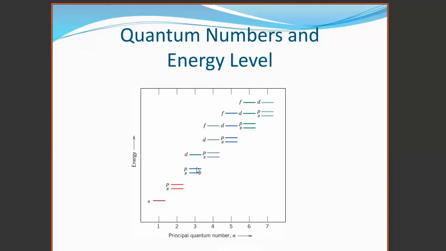Initially, the pattern is followed. 1s is the lowest, 2s is next, then 2p, then 3s, and then 3p. But here we see the pattern is broken when we find that the 4s subshell has a lower energy than the 3d. This means that the 4s subshell will fill up before the 3d when we are determining the ground state of the electron.